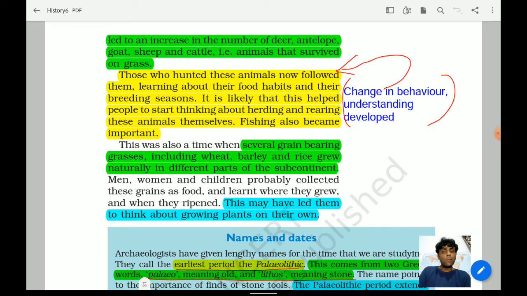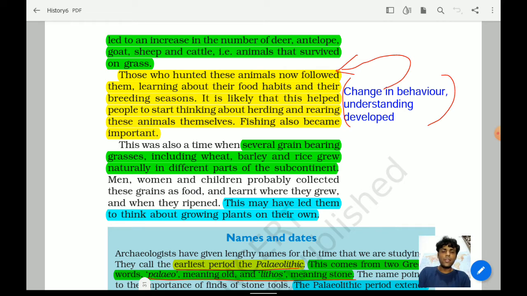So there was good availability of animals and a good amount of food for gatherers and hunters. Those who hunted these animals now followed them, learning about their food habits and their breeding seasons.